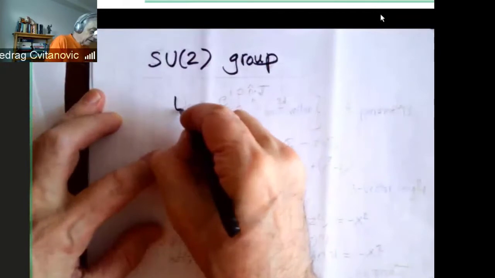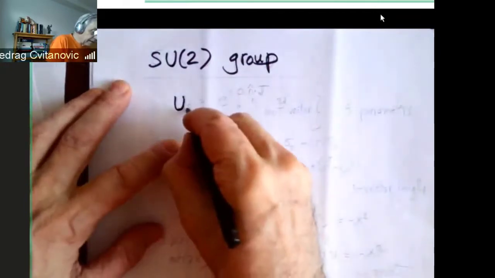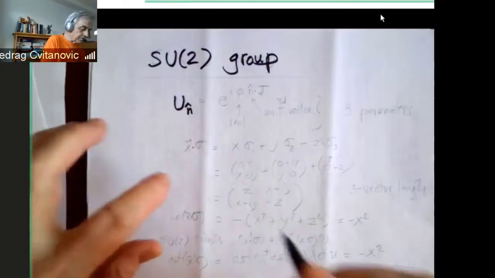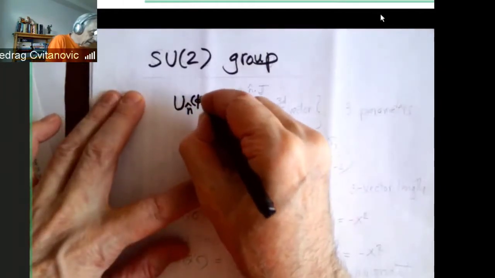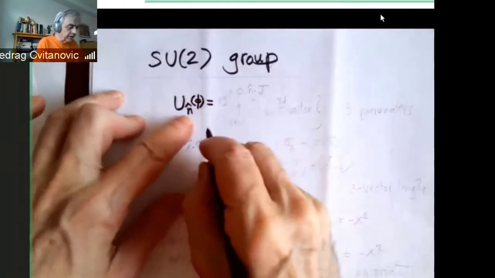We can do it in this way. We can say that a unitary transformation can be explained by choosing a unit vector in 3 dimensions, but this is parameter space now. Unit meaning there are 2 values to it, and the rotations around it.